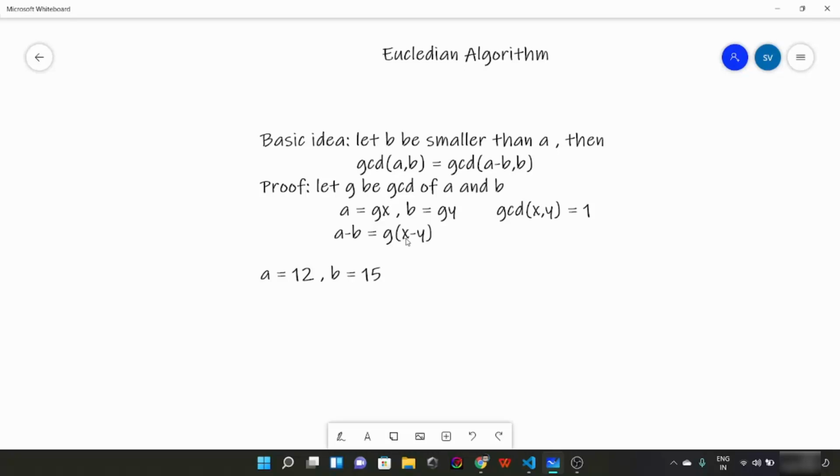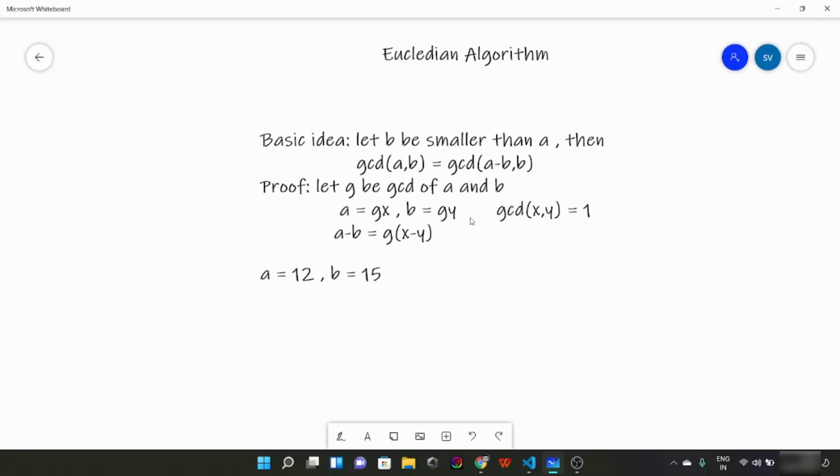So the main idea of the program would be to have this x minus y as 1. How can we achieve that? What we are going to do is, until A is equal to B, we'll use a loop, and continuously subtract the smaller number from the bigger number.